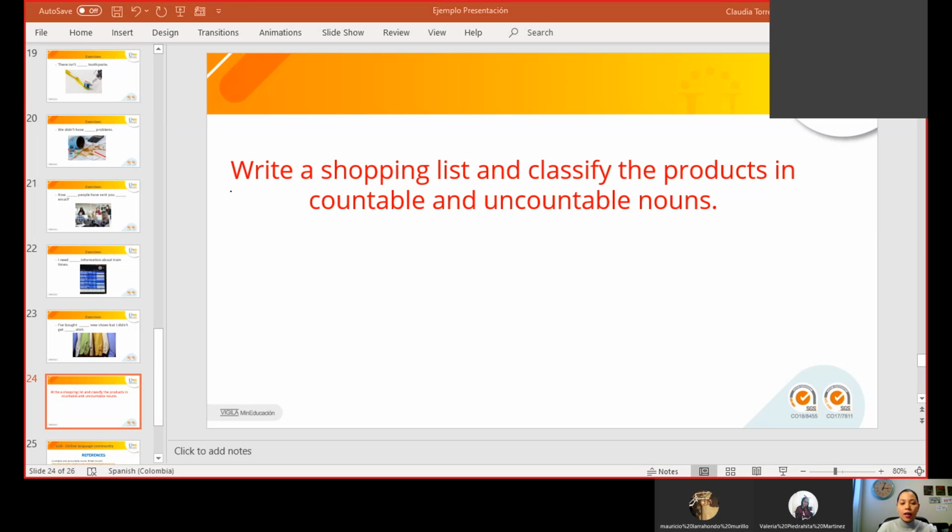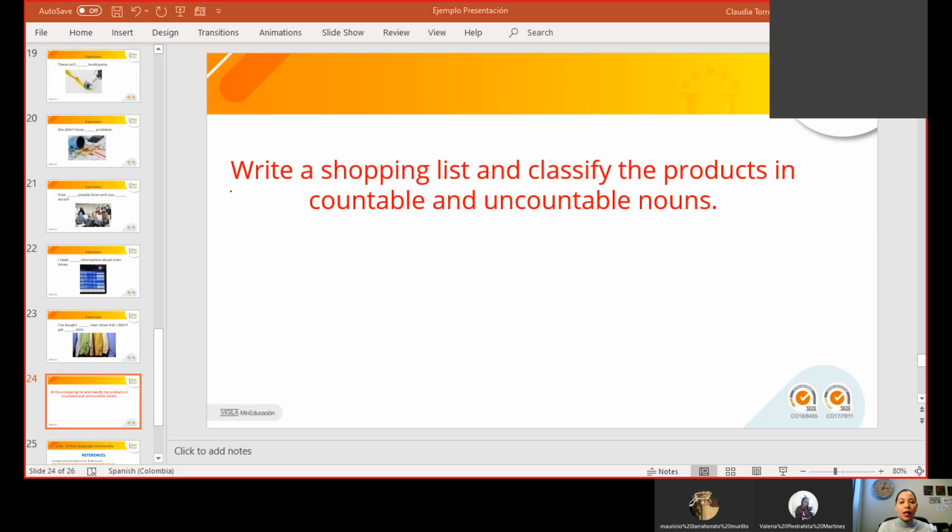So remember, there are countable and uncountable nouns. Countable nouns are the ones that we can count easily. They have a singular and a plural form, like an apple, two apples. Uncountable nouns are the ones that we cannot count, and they have singular forms. We usually use some for the affirmative form, so I need some milk.